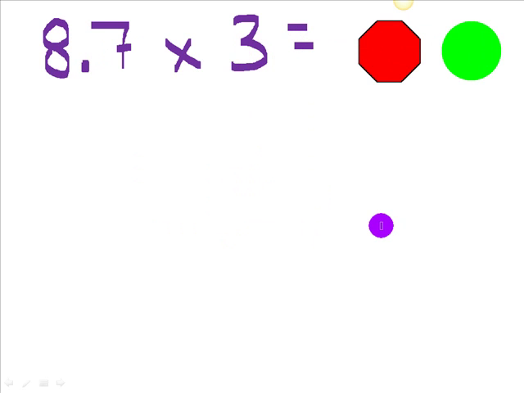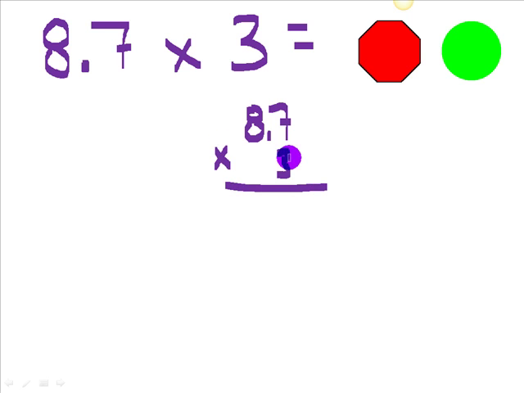Alright, let's try another example. This one has no decimal involved with one of the factors. So click on the stop sign, see how you do with 8.7 times 3. Okay, let's see. I'm going to put the 8.7 on the top so that I'm just multiplying times one number down here.